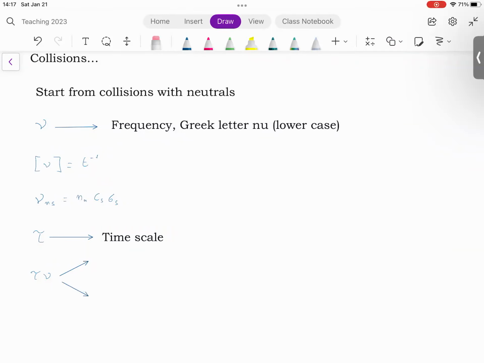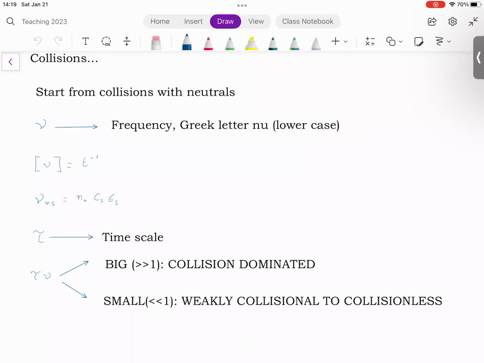Is this much bigger or much smaller than 1? And that is going to make a difference in how important collisions are. Okay, if the product is much bigger than 1, we'll call it big.